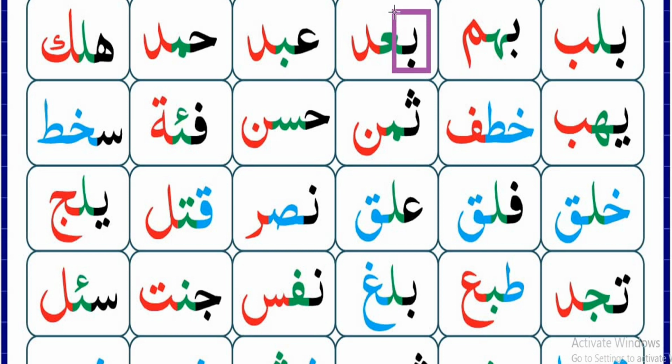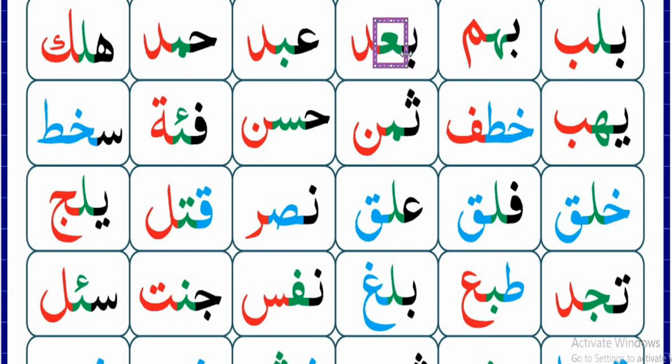And the first letter again is the same, is ba, and the middle one, well, this is a new shape. It is ayn. They are both ayns, but the shape of ayns are different because this one here is the first letter of the word, so it is in this shape, but the other one here is connected to both sides.